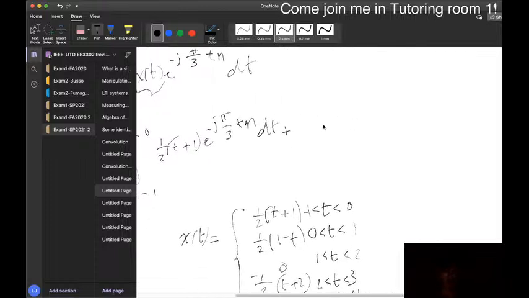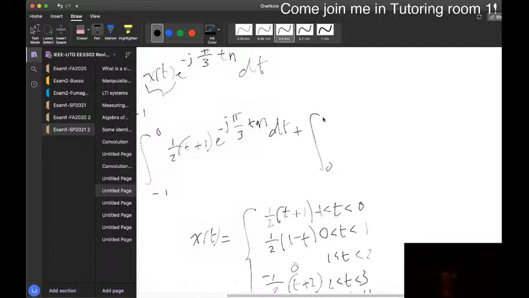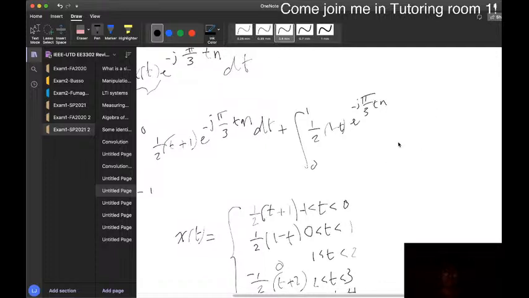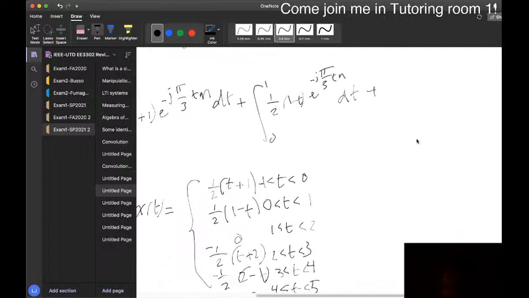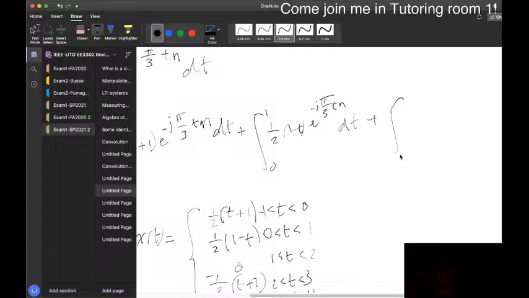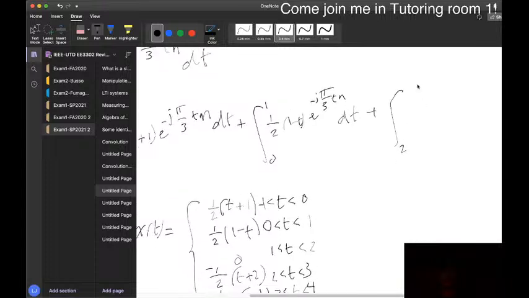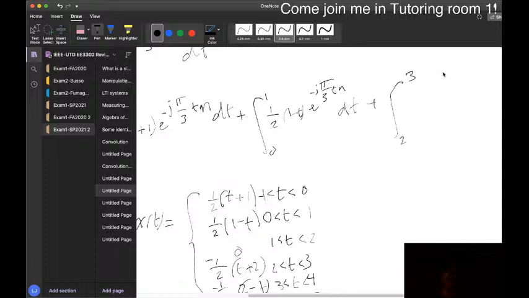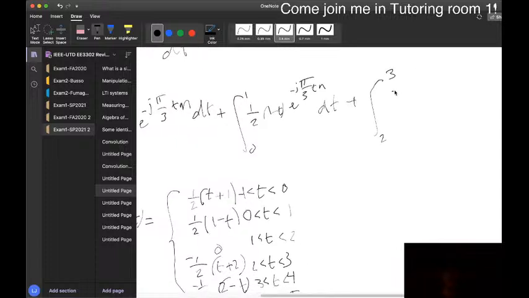And then we get the integral from 0 to 1, of 1/2 (1 minus t), e to the negative j omega over 3 t n dt, plus, this is just me rewriting what the behaviors were. So from 2 to 3, I'm skipping the one that was 0 for that whole chunk in the middle, t plus 2.